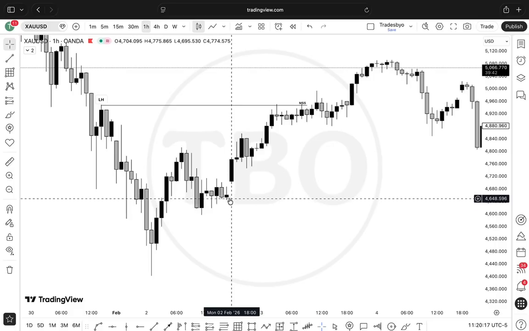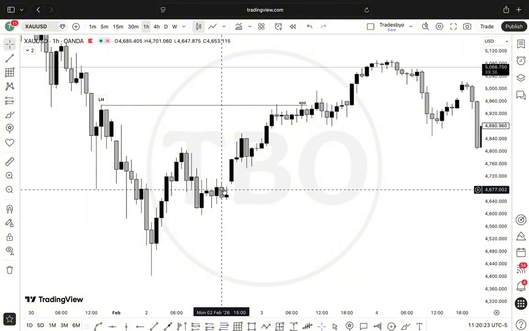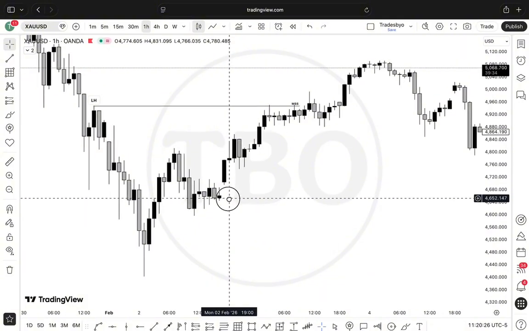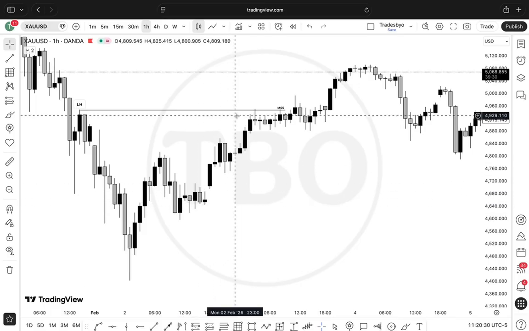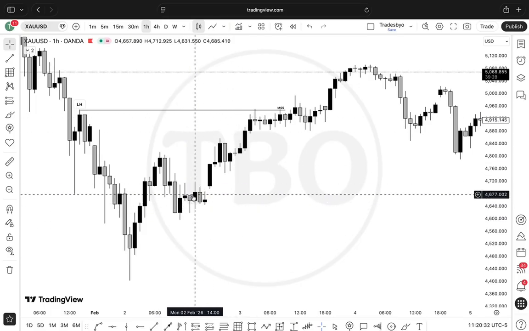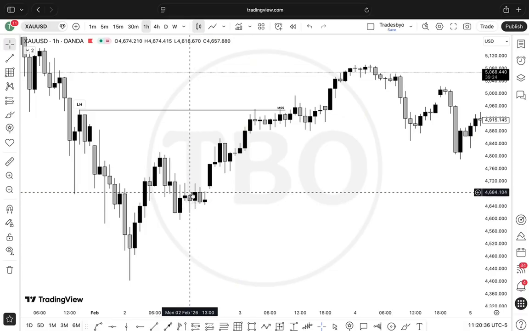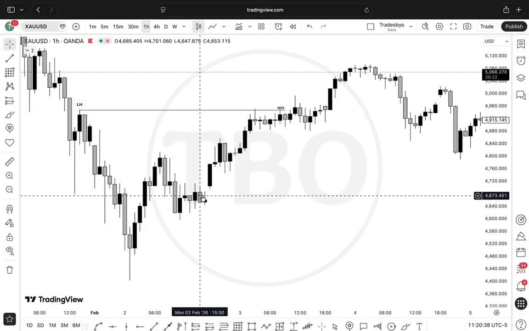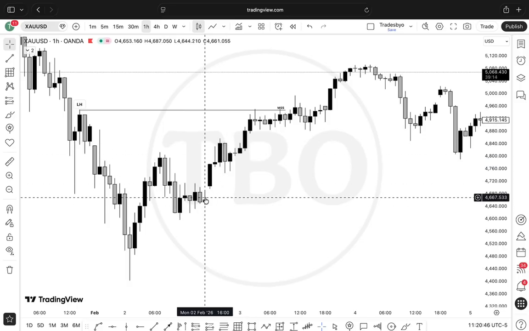This candle right here is an indecision candle. The reason why I would have this candle as a valid demand is simply because price displaced aggressively from that candle. As you can see, we had some consolidation happening here, and then the last candle before the major displacement was this indecision candle.